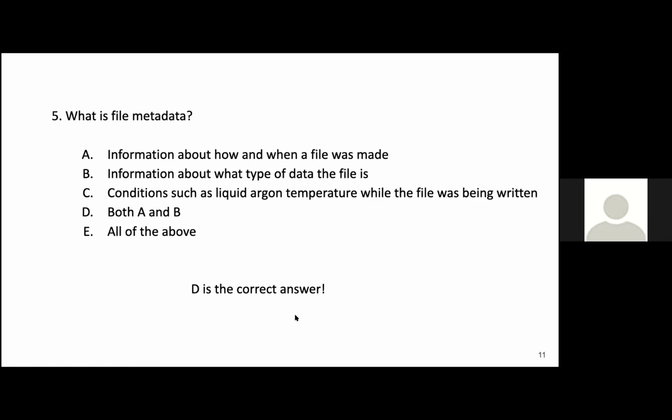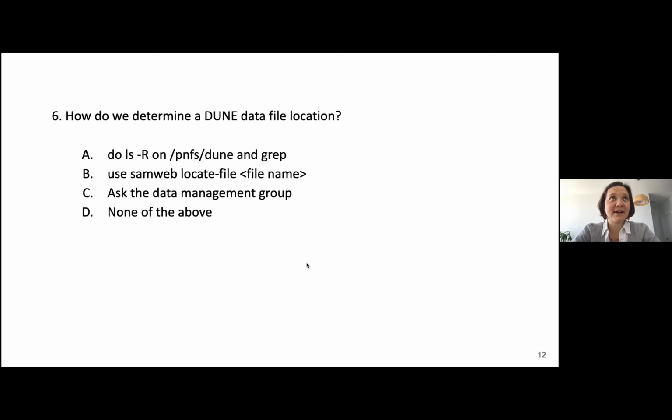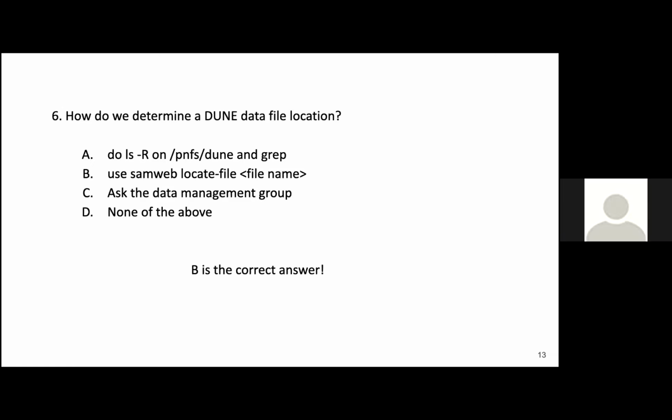Okay. Good. Excellent. The last question: how do we determine a DUNE data file location? Most of you said to use SAMWeb, and this is indeed correct. And Steve, you want to comment? If you really do ls -R, we will find the banhammer and swing the banhammer on you.